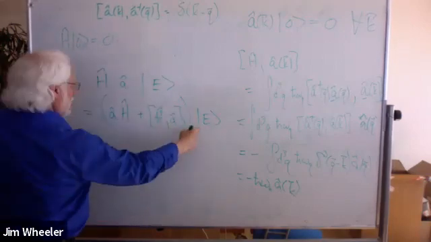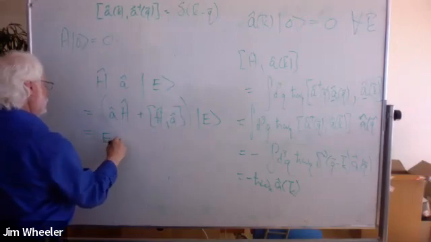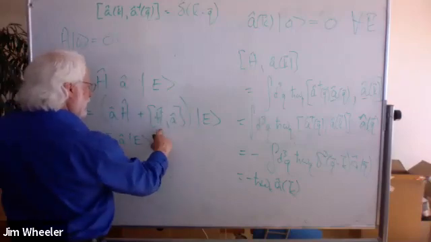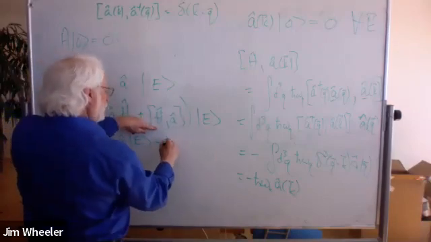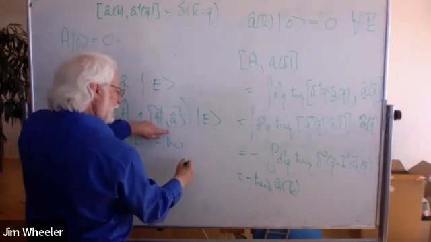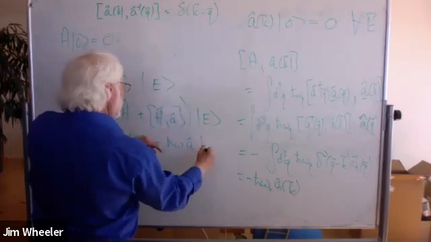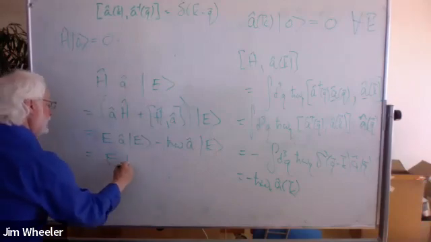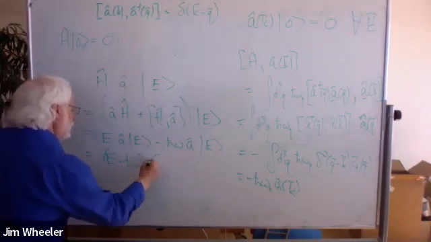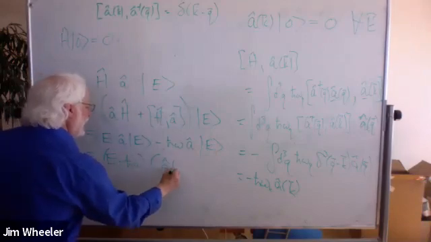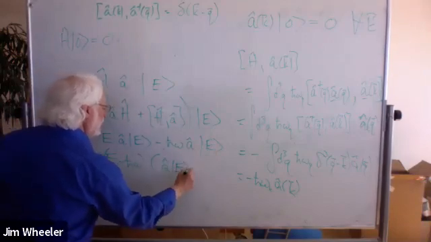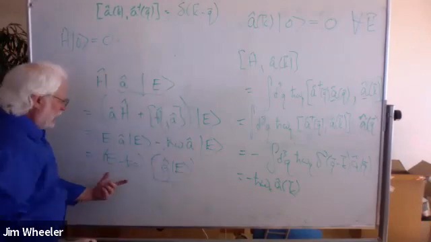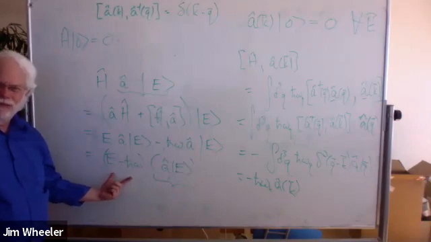And H acting on the state pulls out an E. So I have E A hat on the state. This we've just shown gives minus H bar omega times A hat, and that acts on the state. And so we have E minus H bar omega times that same state, A acting on the energy eigenstate. And so this combined state is an eigenstate with lower energy.